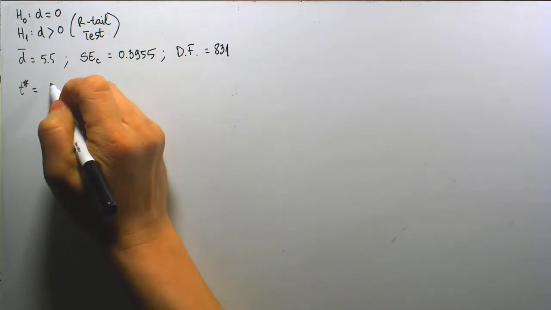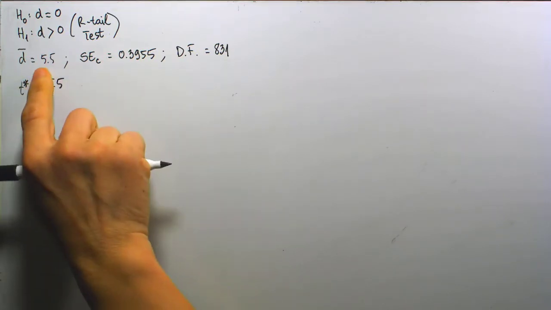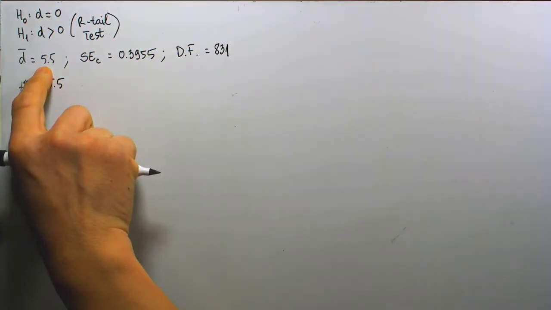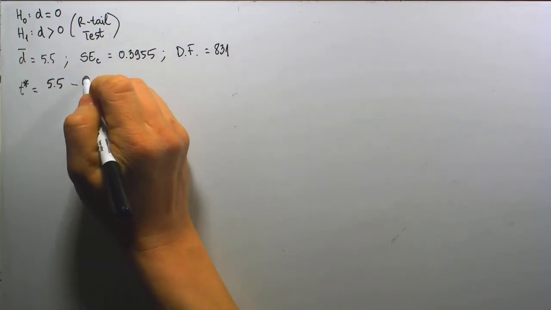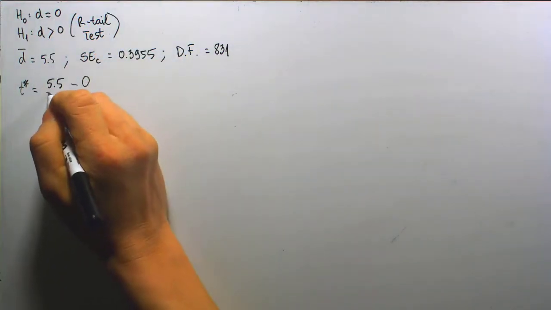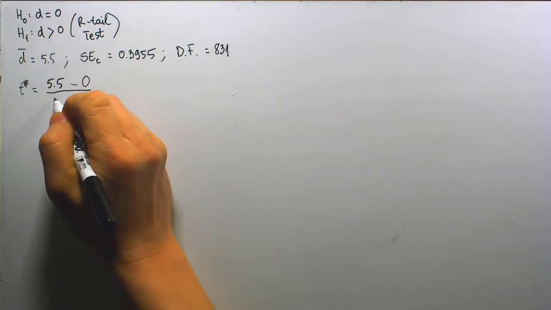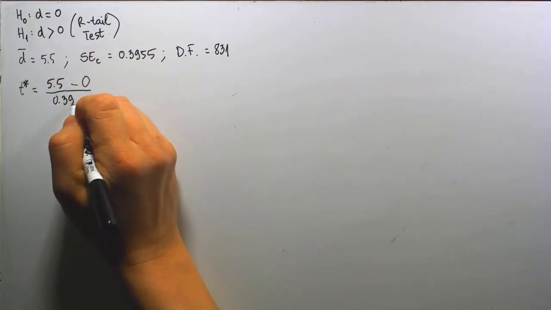We can do that by taking the difference between our sample value, which is the sampling difference between the two sample means. We are going to subtract 0, the value that's stated in the null hypothesis, and we divide that by 0.3955.